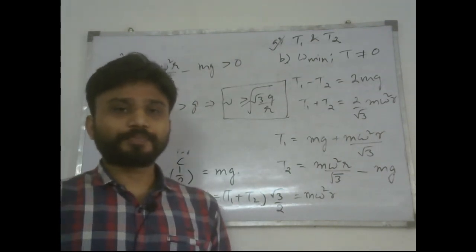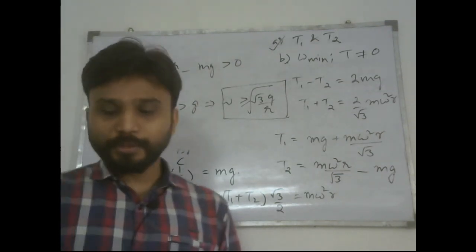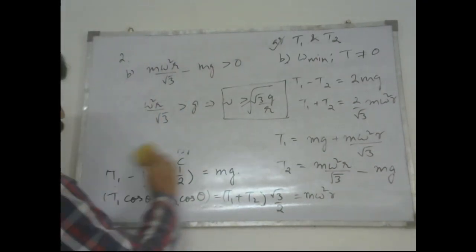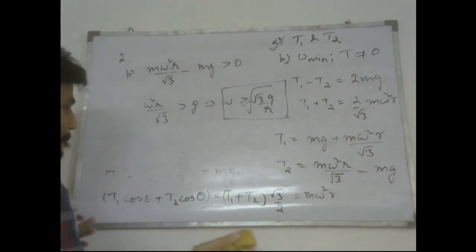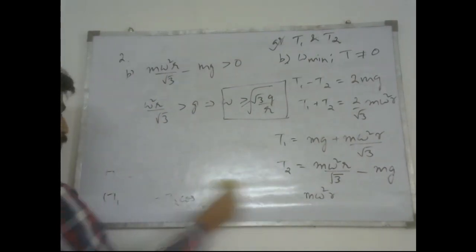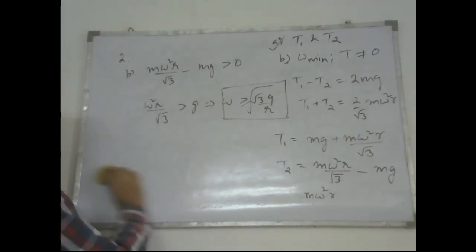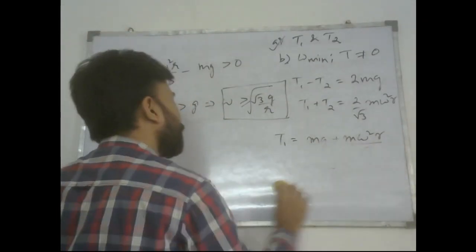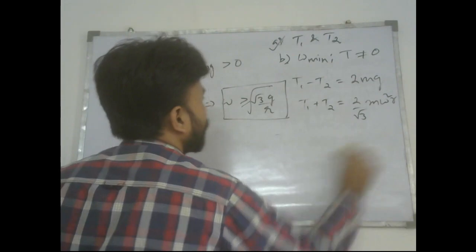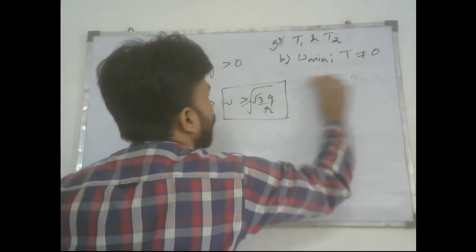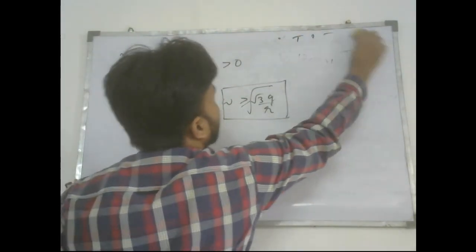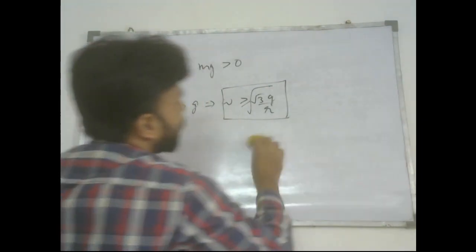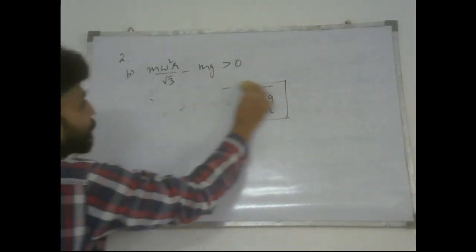So let us move on to our next question. In our next question, we will be evaluating the case of a block which is resting on the inner surface of a cylinder.